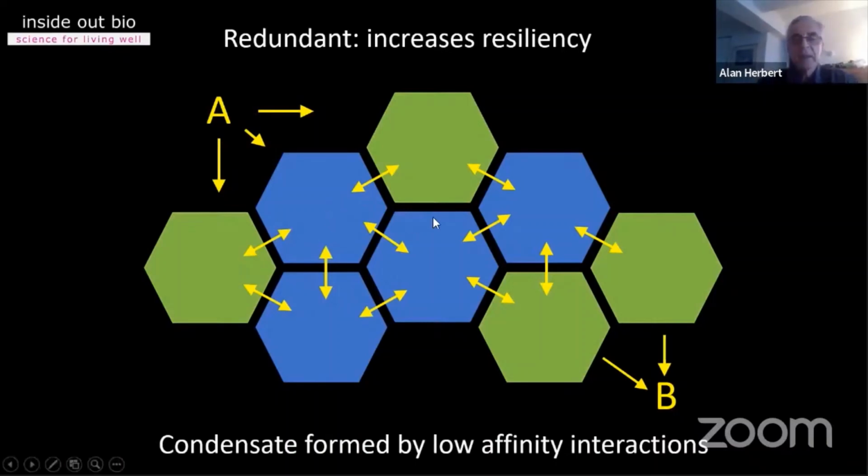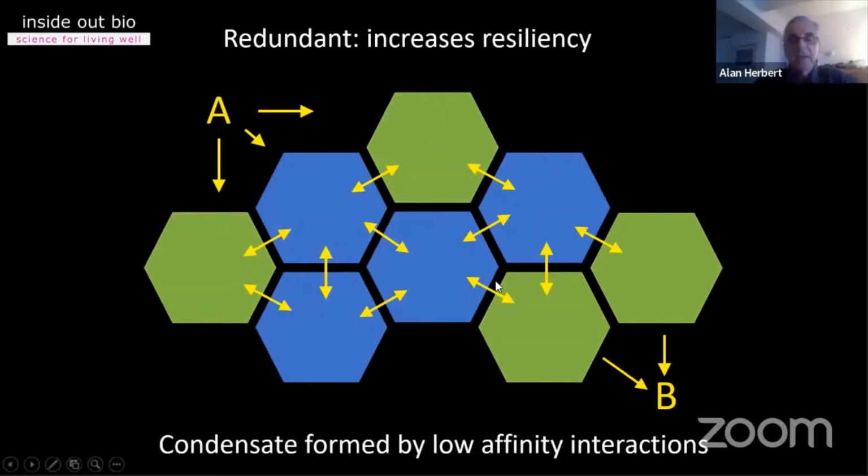In fact, a lot of the biological interactions are intransitive, and there are many paths from A to B. This redundancy that's built in is based on a lot of very low affinity interactions that can arise over time and be selected, and it allows a cell to be very resilient to environmental changes, and also resilient to errors that occur in the DNA code or the introduction of new DNA code into the cell.